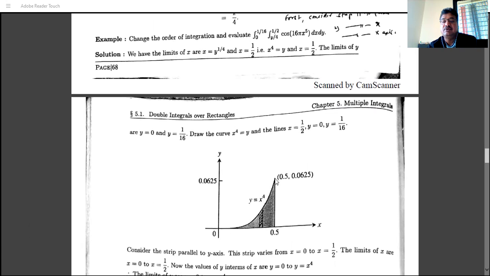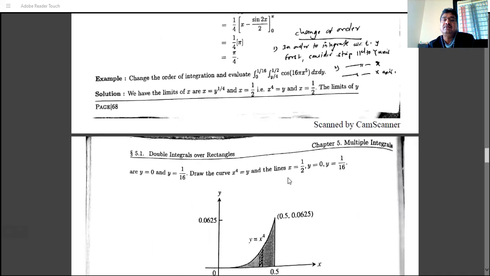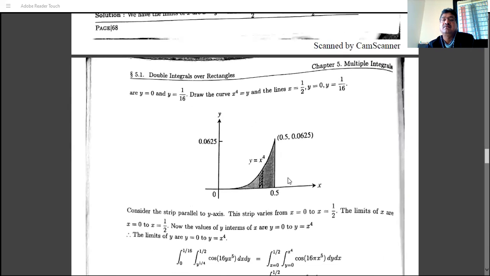Solve y = x^4 and substitute x = 1/2. Then y = 0.5^4, which is 0.0625. So this shaded portion is the region of integration.